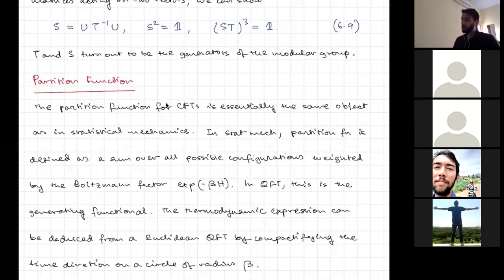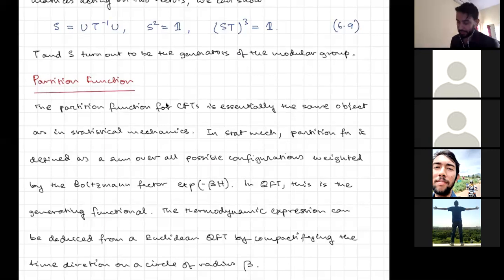A partition function in statistical mechanics is a sum over all sorts of possible configurations, and you remember that you weigh all of these with this Boltzmann weight, exponential of minus beta H. In a field theory, this is something that you are again most probably familiar with. This is just a generating functional.